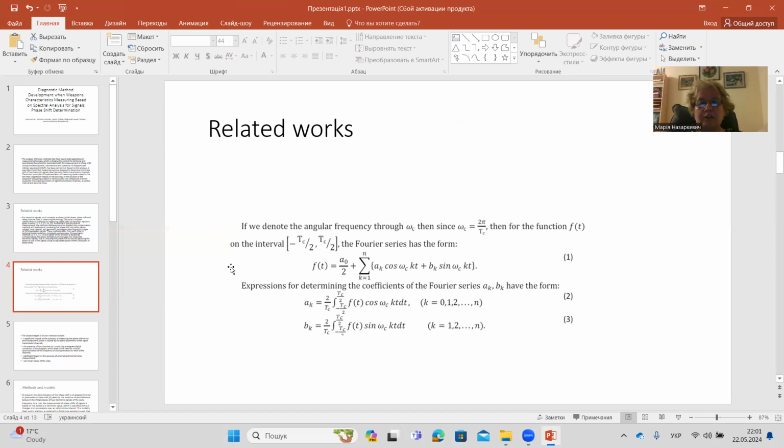Then for the function on the interval from minus T/2 to T/2, the Fourier series has the form φ(t) equals a0/2 plus the sum of ak cosine kωt plus bk sine kωt.